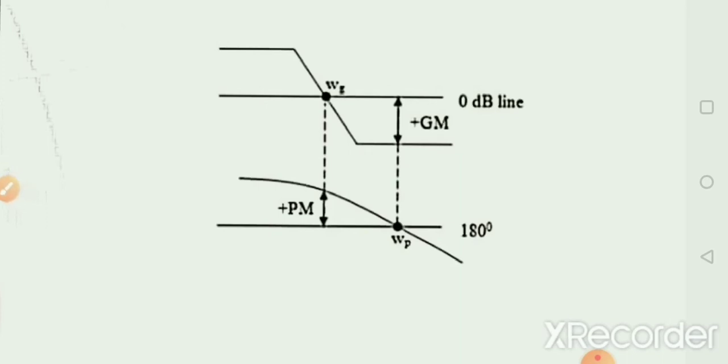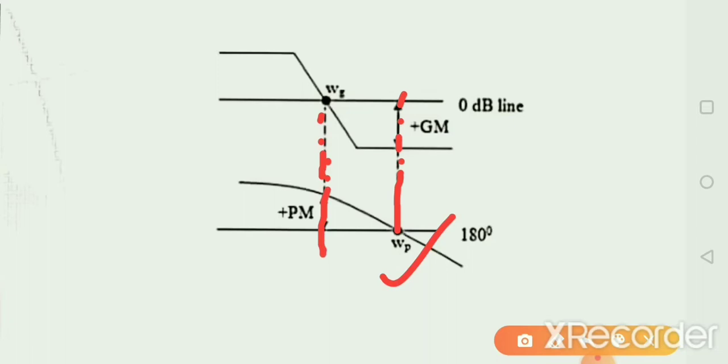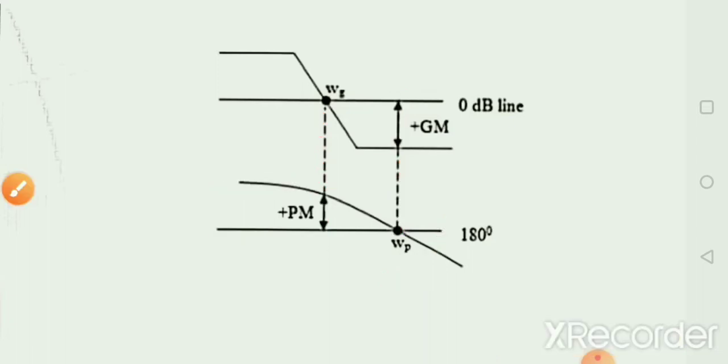We can define the gain margin at the point where the phase cuts the 180 degree line. We can make the line here. Now this is our gain margin. In the same way, when we take the line at the gain cross over frequency, the phase from here to 180 degrees is called the phase margin.